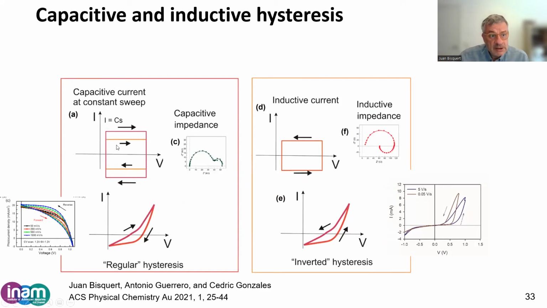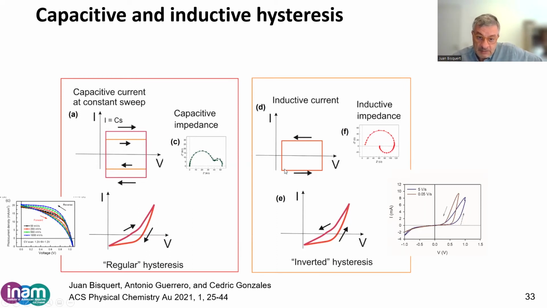So in summary, in capacitive current, the transient current increases, so that when we have a capacitive equivalent circuit, we will have regular hysteresis. The forward current is smaller than the reverse current when we plot the JV curve. Inductive current goes the other way around.